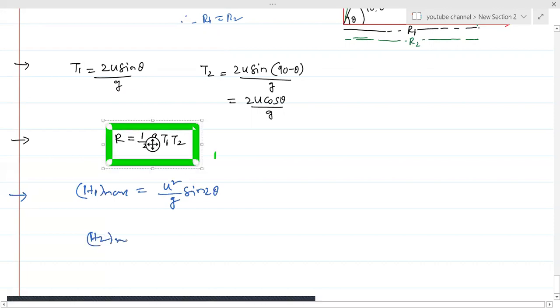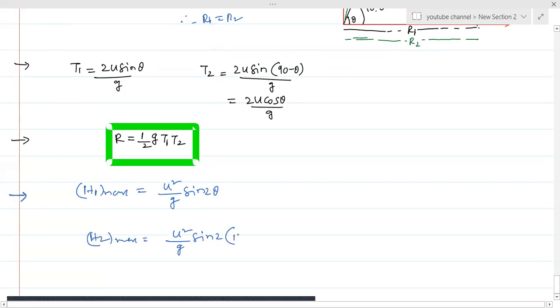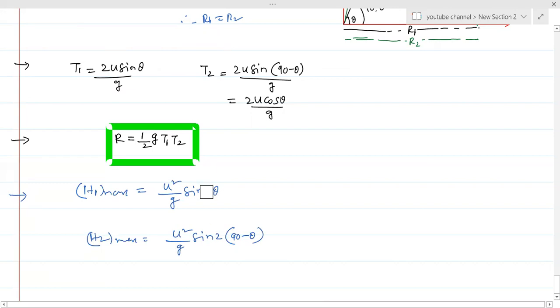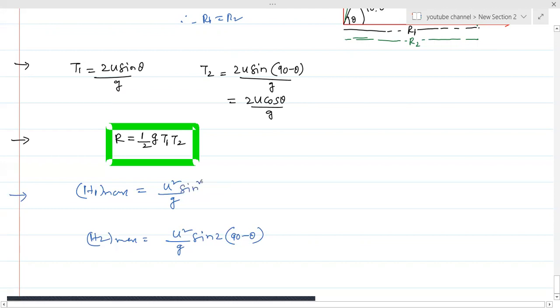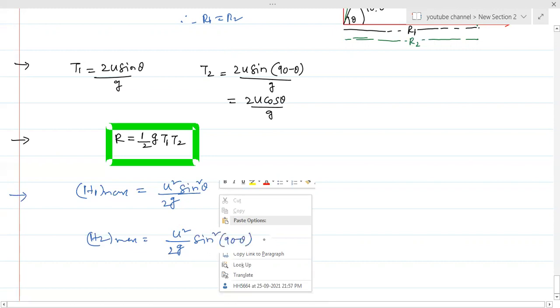In the second case, the maximum height is u square sine square of 90 minus theta by 2g, so that is u square by 2g into cos square theta.